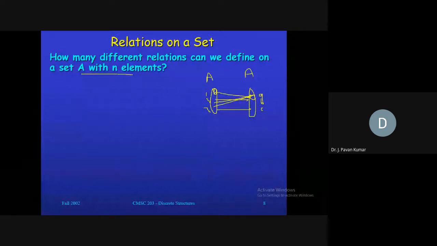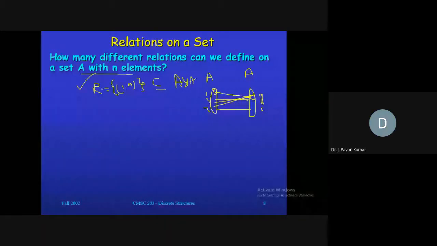I will say 1 comma a is one relation. Is it correct or not? Only 1 comma a is forming a relation. Is this a subset of A cross A, that is, the Cartesian product of A and A? Yes, sir.